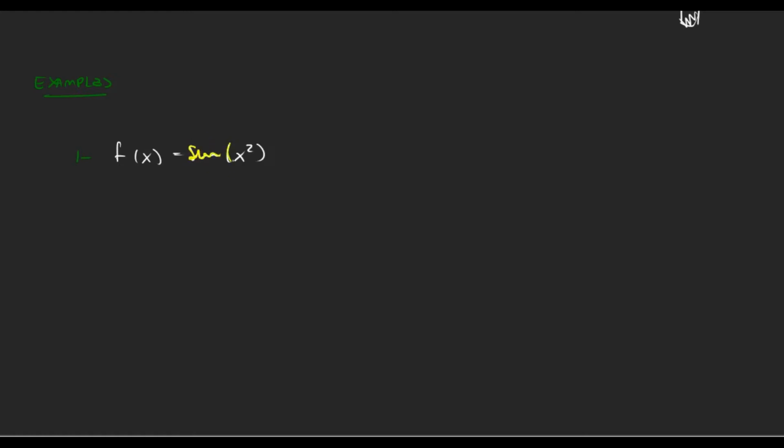Here we have the sine of something. That's a function. But inside this, it's not just x, it's actually x squared. So then this is telling us that there is some sort of composition of two functions, call it h and g, in some x.